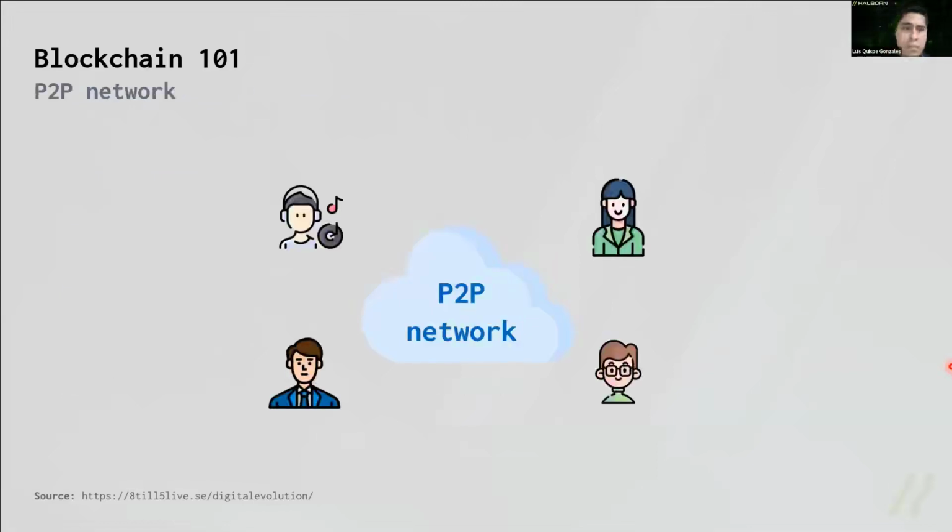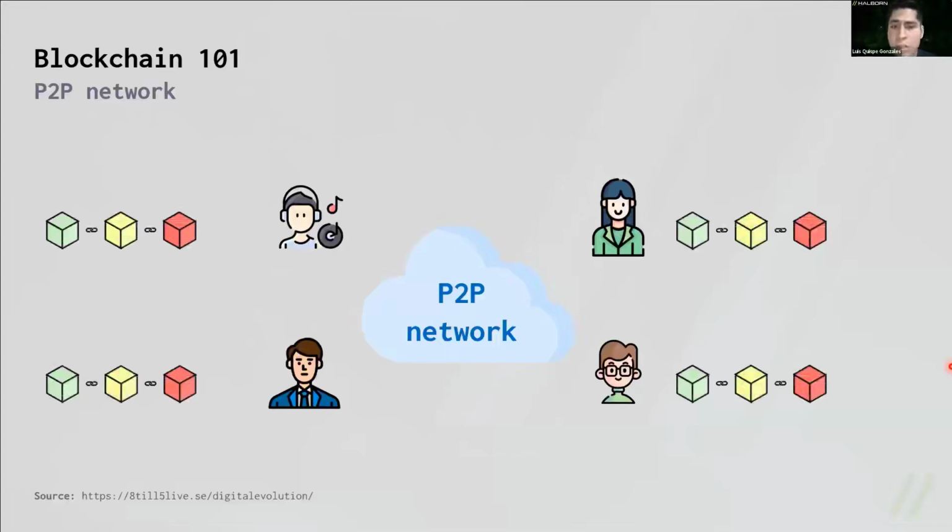The second mechanism is called peer-to-peer network. Let's remember that blockchain is a distributed ledger, so every participant in the network has their own local copy of the blockchain. Imagine a user wants to create a new block. He shares the block with everyone in the network. Every participant is going to verify if the block is compliant with the specific numerical condition I mentioned earlier.